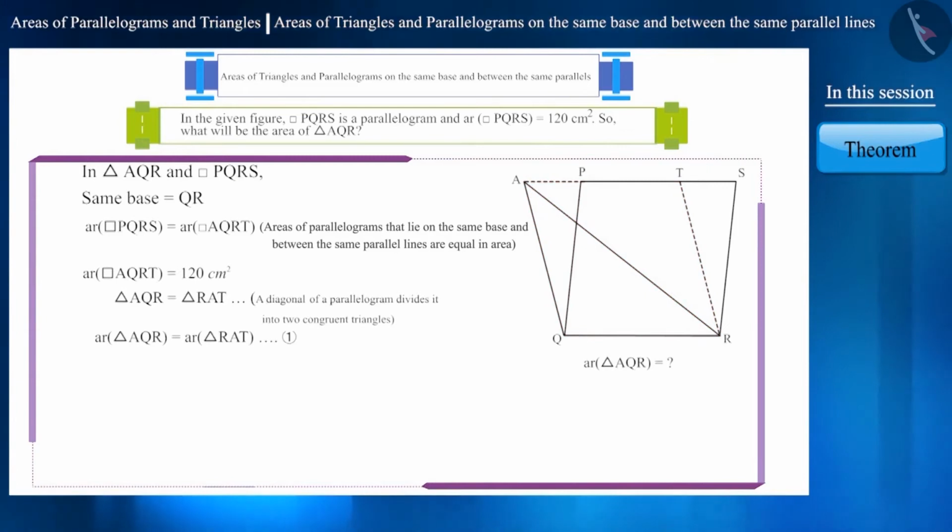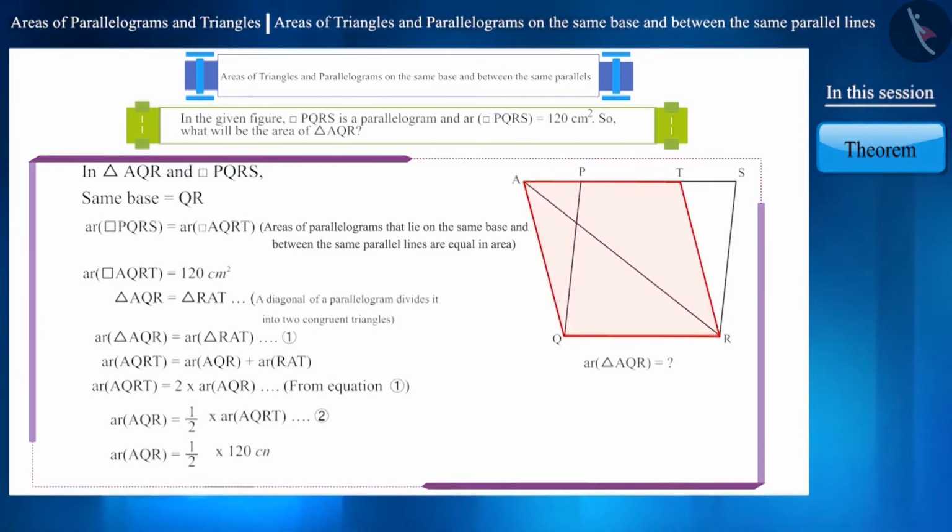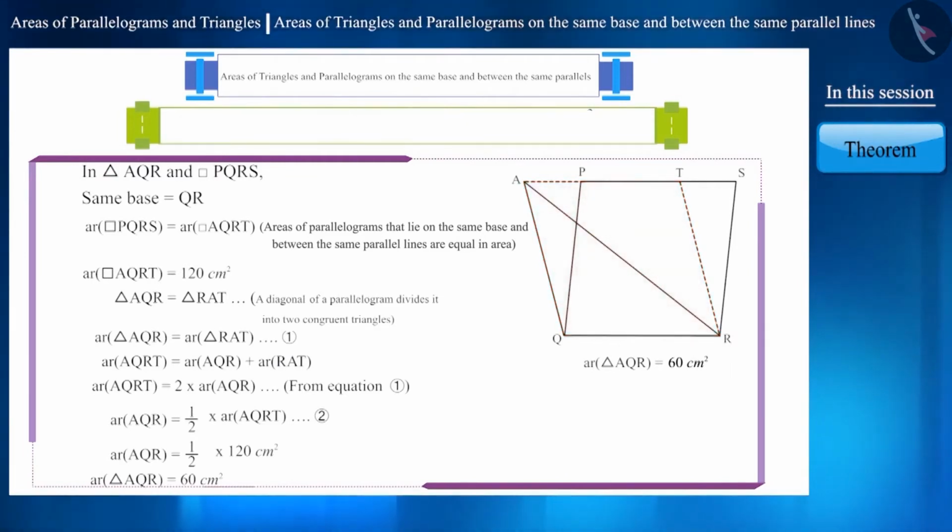Since parallelogram AQRT is made up of triangle AQR and triangle RAT combined together, we can write it like this also. Here, we can also write triangle AQR instead of triangle RAT. That is, the area of triangle AQR will be half the area of quadrilateral AQRT. Therefore, the area of triangle AQR will be 60 square centimeter.